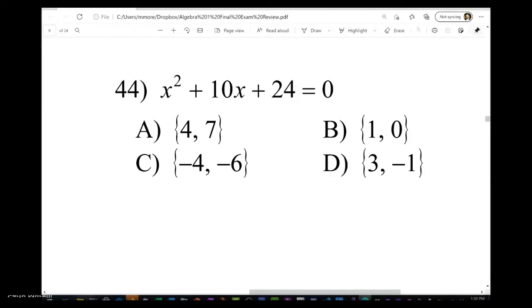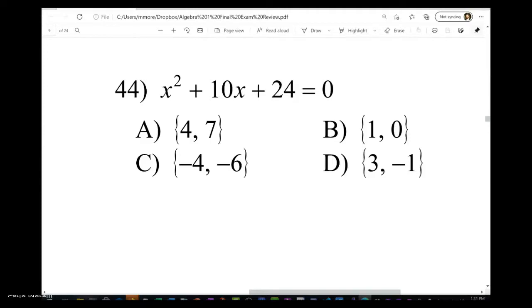So you have to identify A, B, and C. Yes, let's identify A, B, and C. A is 1, B equals 10, and C equals 24. Now, tell me two numbers that add to be 10 and multiply to be 24. 6 and 4. 6 plus 4 is 10, 6 times 4 is 24.